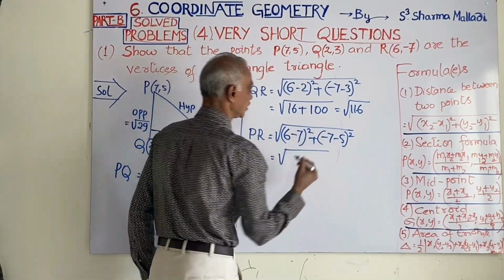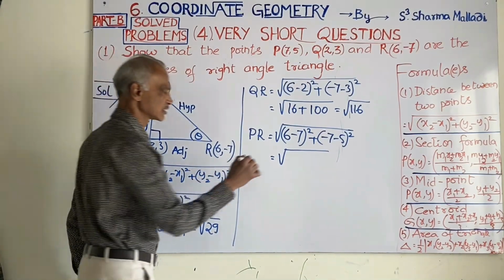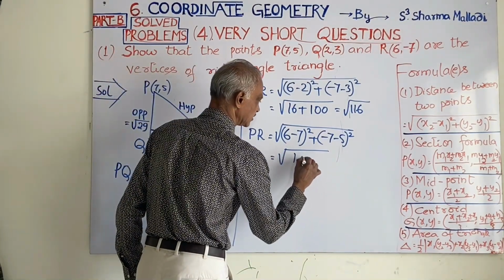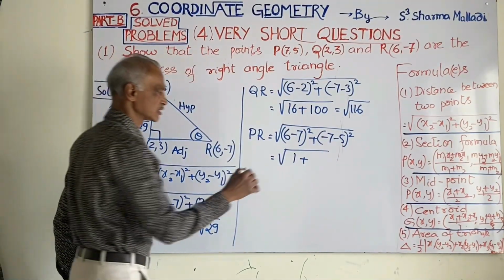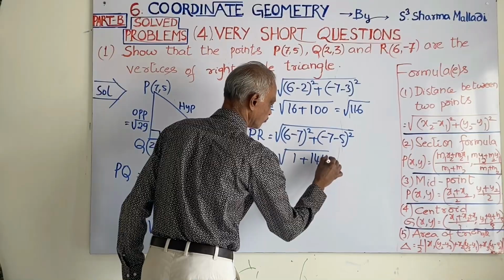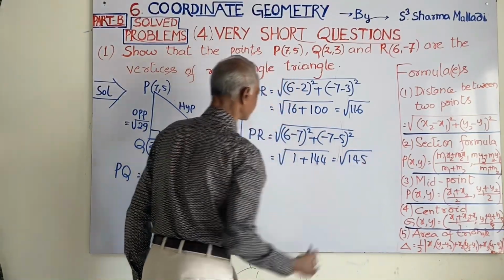Square root of 6 minus 7 means minus 1, minus 1 whole square means 1, plus minus 7 minus 5, minus 12 whole square means 144. You will get 145.